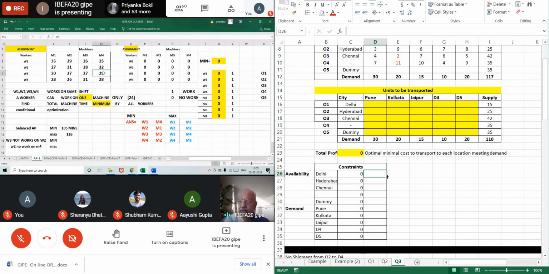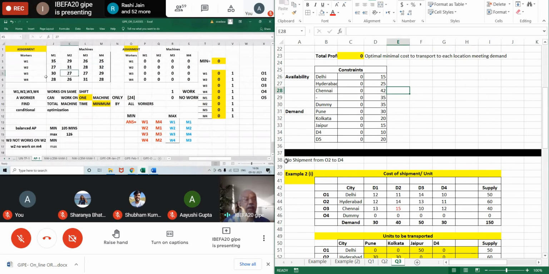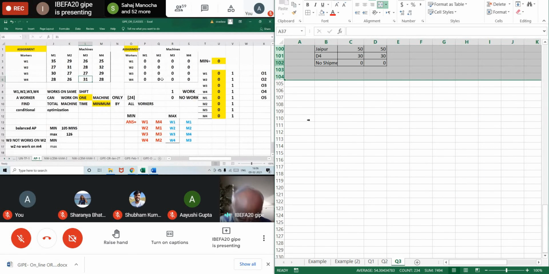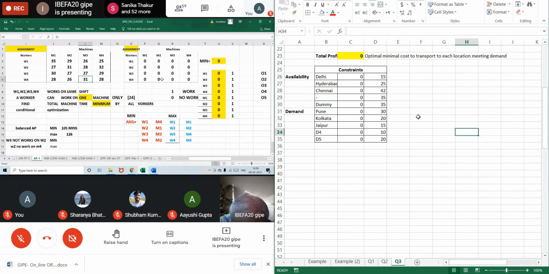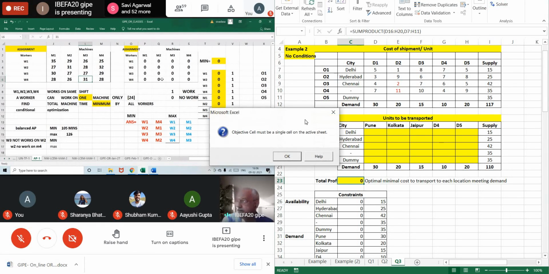So worker 4 has only 1 choice. No. Suppose worker 1 is given machine 4. Worker 2 will get machine 1. Worker 3 will get machine 2. Worker 4 will get machine 3. So every permutation combination is possible. Am I right? Yes, sir. Plenty of possibilities of assigning the machines to the workers.